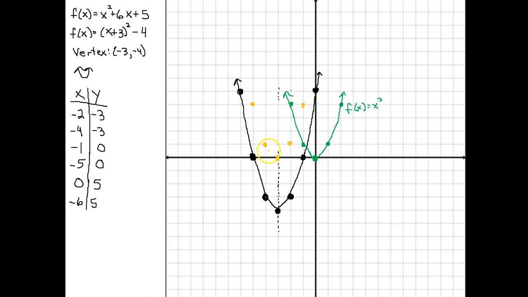So look, you can also use your shifting rules that you learned previously and get here too. I went through earlier and showed you vertex and picking and plotting points, but if you're more comfortable using shifting rules, you can also use those and get your graph. We shifted left 3, and then the minus 4 tells us we have to shift down 4.